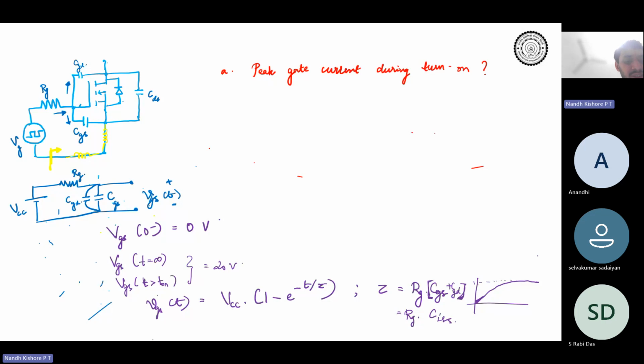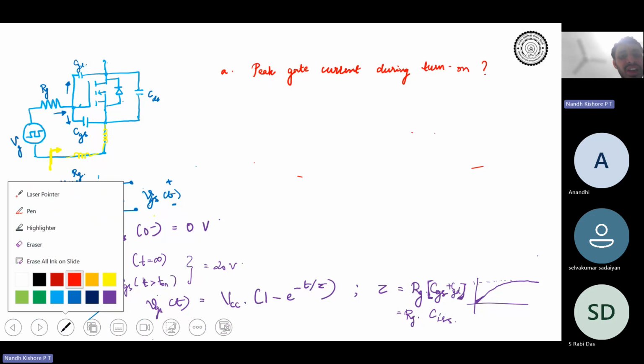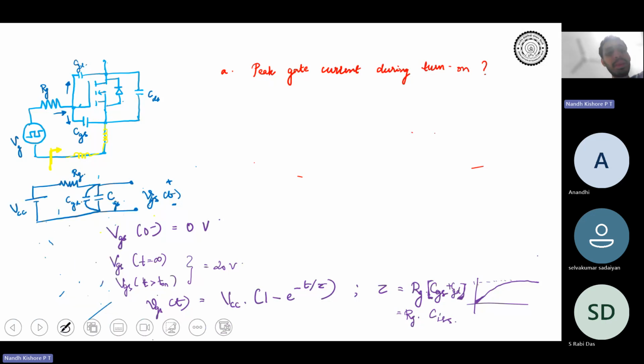Can you answer this? Just think in terms of an RC network. What is the peak gate current in the circuit? Just take this circuit. What is the peak current that would flow in this circuit?